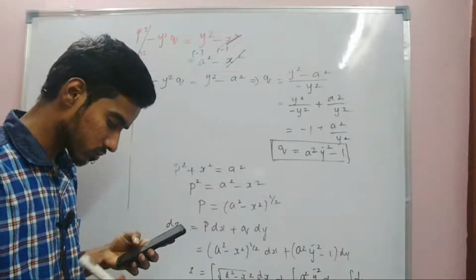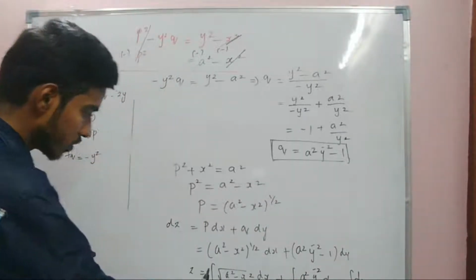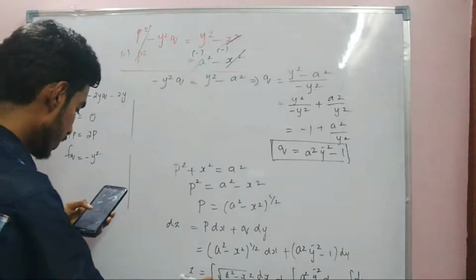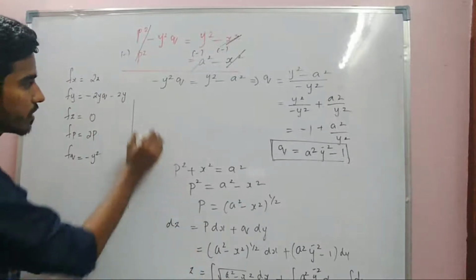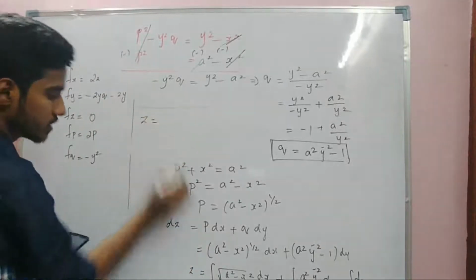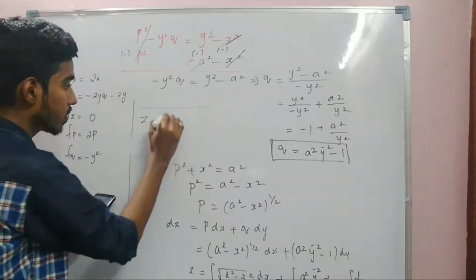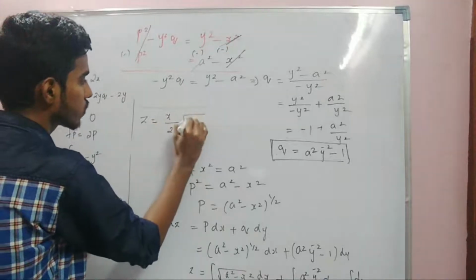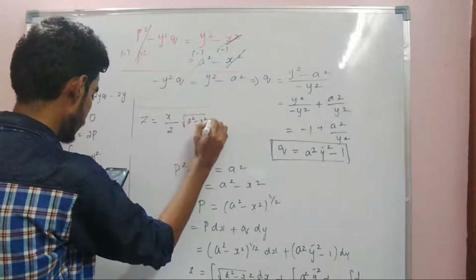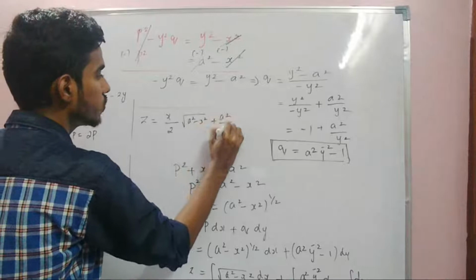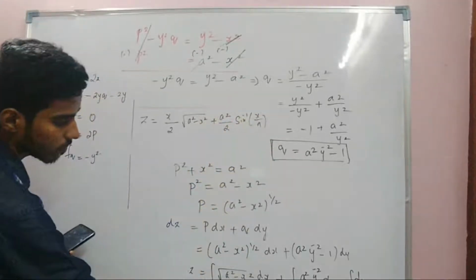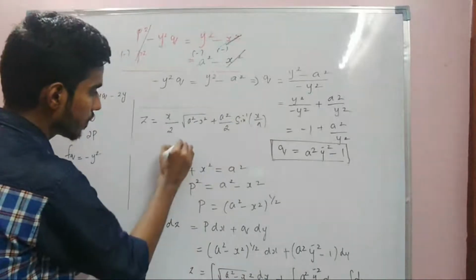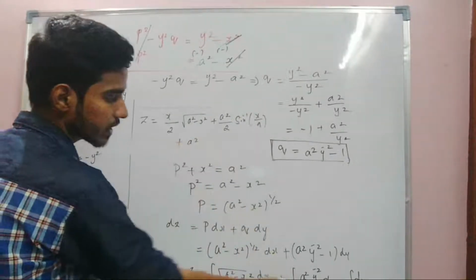If you use this formula, this will be x by 2 square root of a square minus x square. So it's a basic formula. So we have z is equal to x by 2 square root of a square minus x square plus a square by 2 sin inverse x by a, right? This is the formula for this entire term. Now integrate y power minus 2.